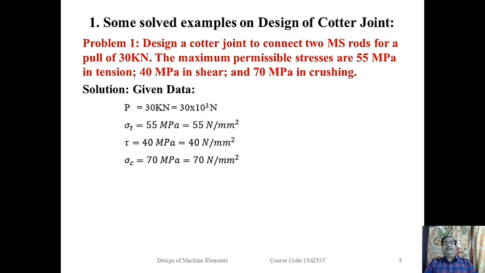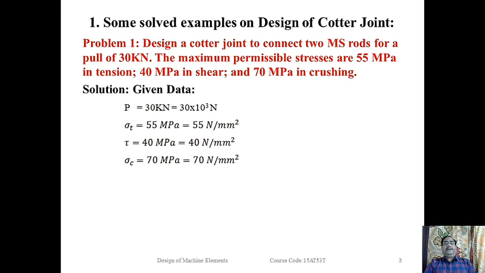The pull of 30 kilonewton, that is capital P, is given as 30 kilonewton, but our unit is Newton, so we have to convert. We know that 1 kilonewton is equal to 1 into 10 raised to 3 Newton. So P is equal to 30 into 10 raised to 3 Newton.